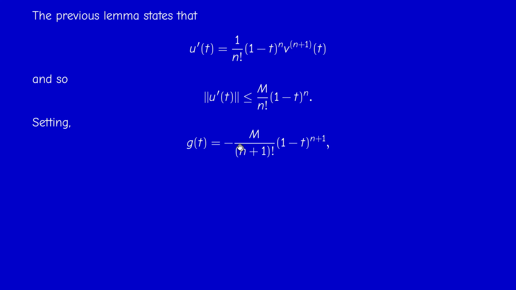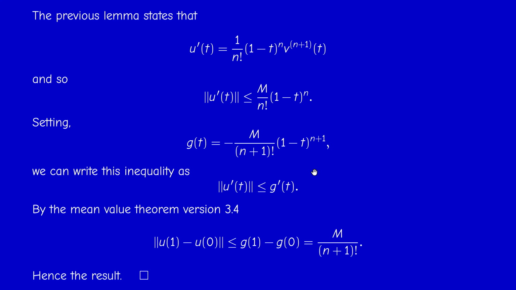Because if g is this minus m over n plus 1 factorial times 1 minus t to the power n plus 1, its derivative, just a function from 0, 1 to r, is just this. Okay, so the previous lemma, or this inequality, can be written as norm of u prime of t is less or equal than g prime of t.